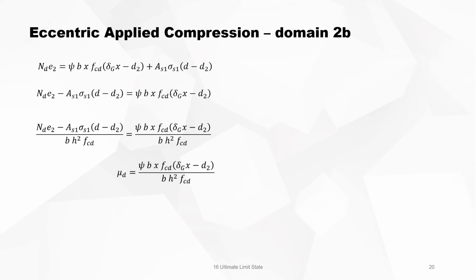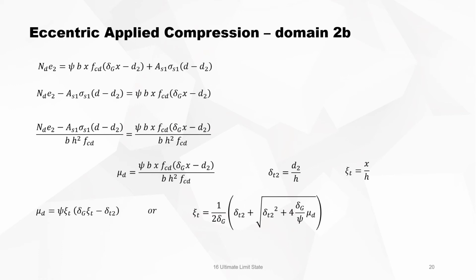So if you take mu D equals this, and take the definitions of delta T2 and Xi T into account and substitute them in this equation, then we get a similar equation that we are very familiar with, a very simple equation. You can also invert the equation by taking out Xi T, and then we have this nice equation.